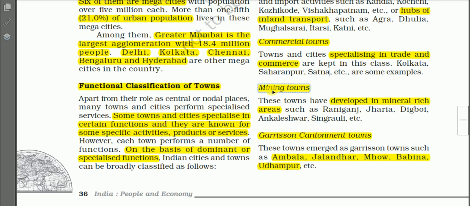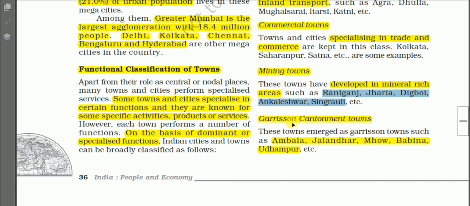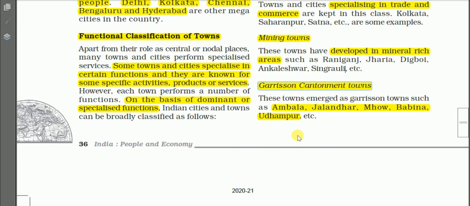Next, we have mining towns. These are the towns developed in mineral rich areas. In these towns, you will find a lot of mining activities, a lot of mines. We have examples of mining towns: Raniganj, Jharia, Digboi, Ankleshwar, Singrauli, etc. Then garrison cantonment towns.